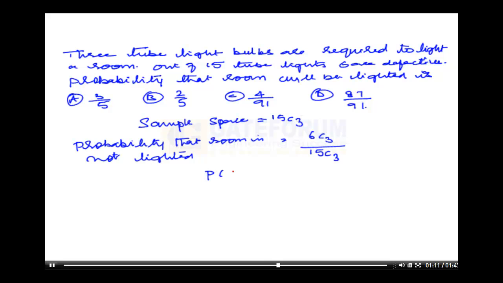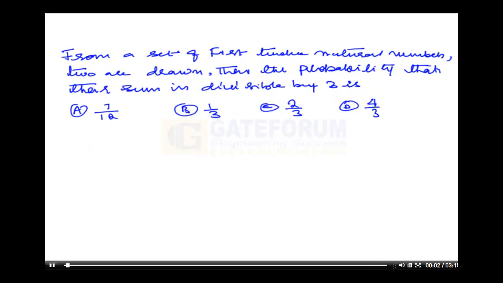Hence the probability that the room is lighted should be 1 minus 6C3 by 15C3. By working this out, we get 4 by 91, so it is equivalent to 1 minus 4 by 91, equivalent to 87 by 91. Our answer is D.